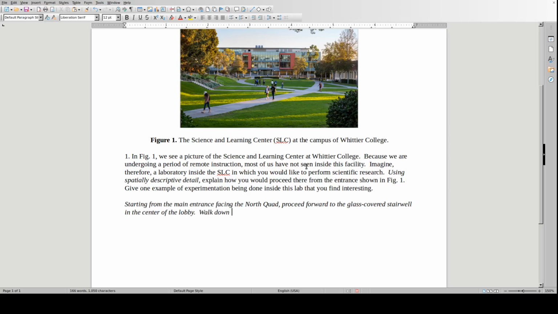Walk down to the first floor via the stairwell. Now I'm trying to remember it because it's been so long since I've walked down that stairwell, which way it faces you when you exit it. I believe it faces the parking lot on the other side, and so what I'll say is walk down to the first floor via the stairwell and turn right.